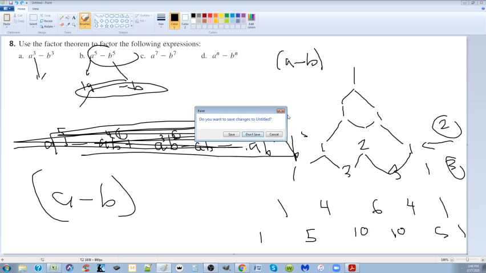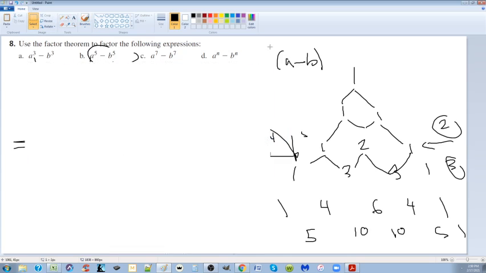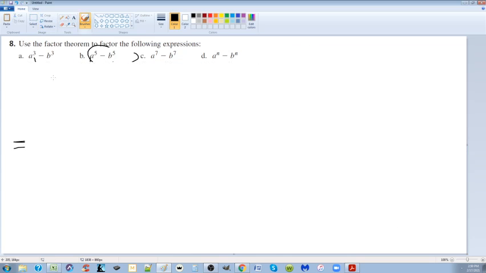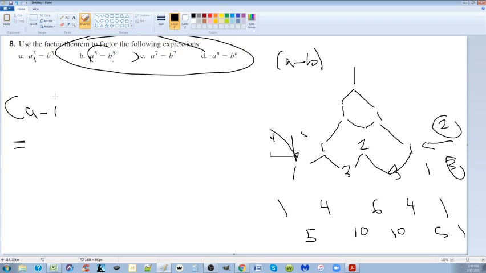Oh, yeah, so in this case it always has a minus 1, but with the factor theorem, what you're supposed to do is determine a factor by plugging in, like, is a minus 1 a factor, i.e. when a is 1, is it a factor? So you plug it in to see if it'll work. But I think for this, you know automatically that a minus 1 is a factor. But for factor theorem, you'd normally have to plug it in to determine the factor and then do long division.